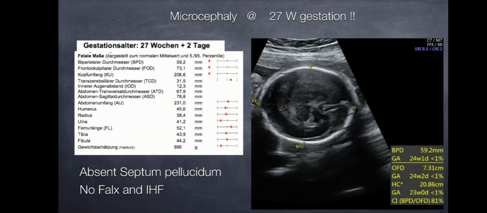We were, of course, disappointed, because how come the person scanning, doing biometry, is not able to recognize the falx? So this is why we put on the list looking at the falx and the cavum septi pellucidi. Not all people, unfortunately, are sent to a specialist. So absent septum pellucidum, no falx, and no interhemispheric fissure could also be holoprosencephaly.